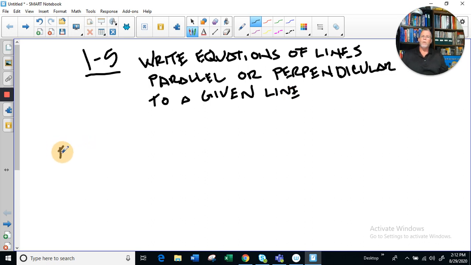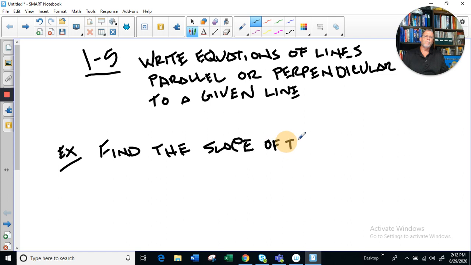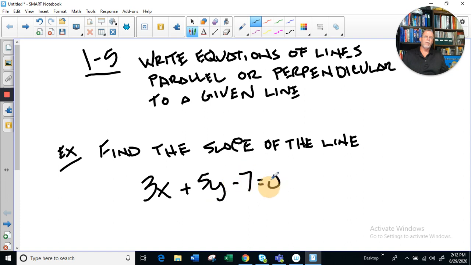So for example, and we're just going to jump right in, if I ask you to find the slope of the line and we give you 3x plus 5y minus 7 equals 0.